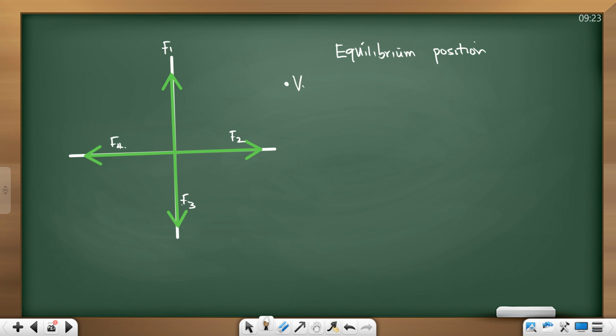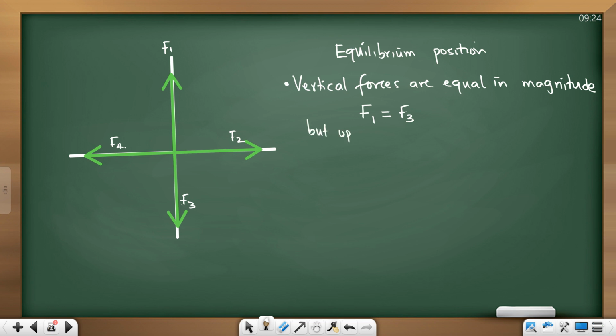We are simply saying the vertical forces are equal in magnitude. So F1 will be equal to what? Negative, okay, let's use magnitude. F1 would be equal in magnitude, all right, but opposite in direction.